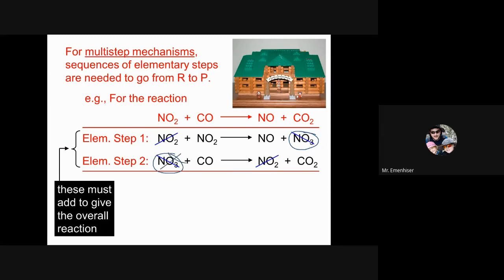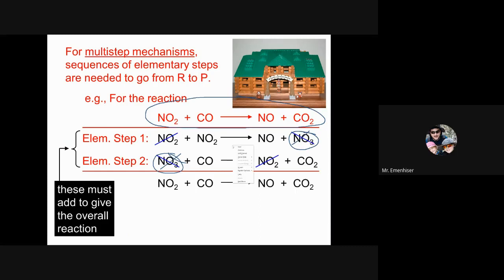And notice it's gone. It's not in our balanced equation. That's what an intermediate is. Okay, it's produced in one step but then consumed in another, and so it is part of the reaction, but it's not in the equation. Okay, and that's different than a catalyst. A catalyst is present in the reaction, but it can reappear. Okay, it's not written in the equation, and it's not canceled out either.